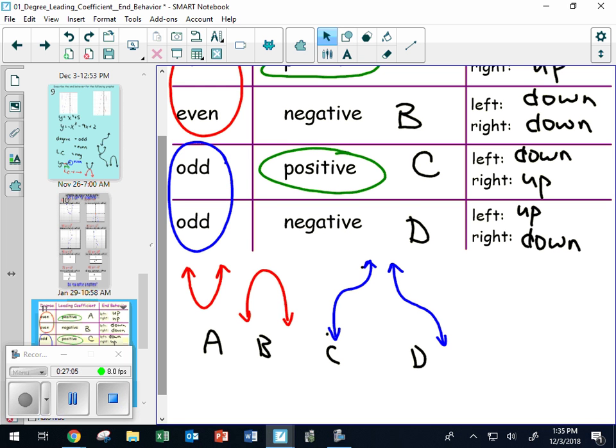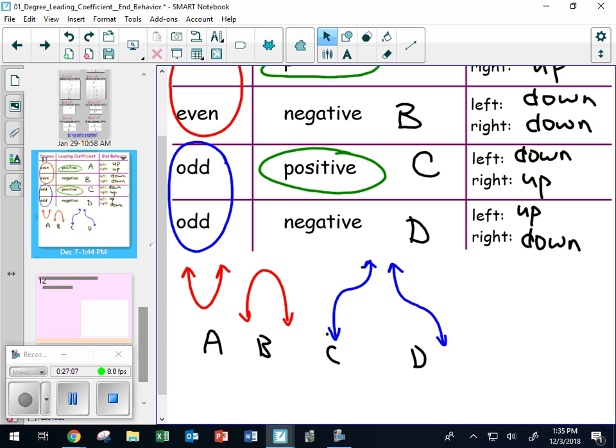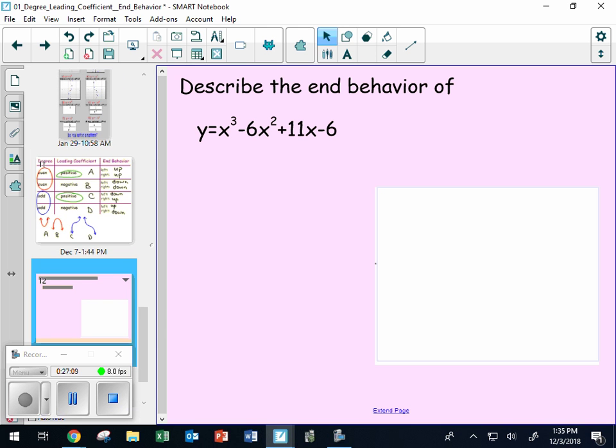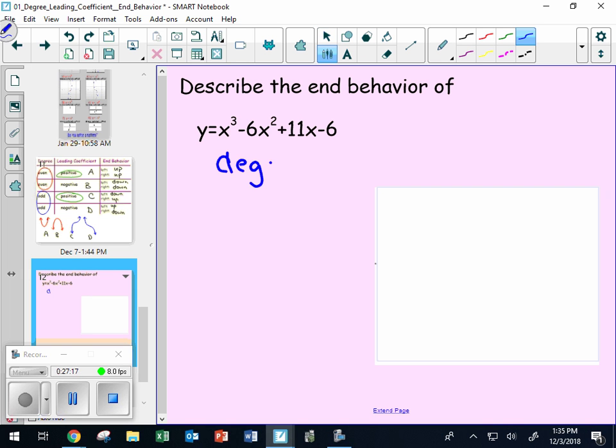Based off of this, if I gave you a problem like this, let's just quickly go through this together as a class. What is my degree for this polynomial? 3.